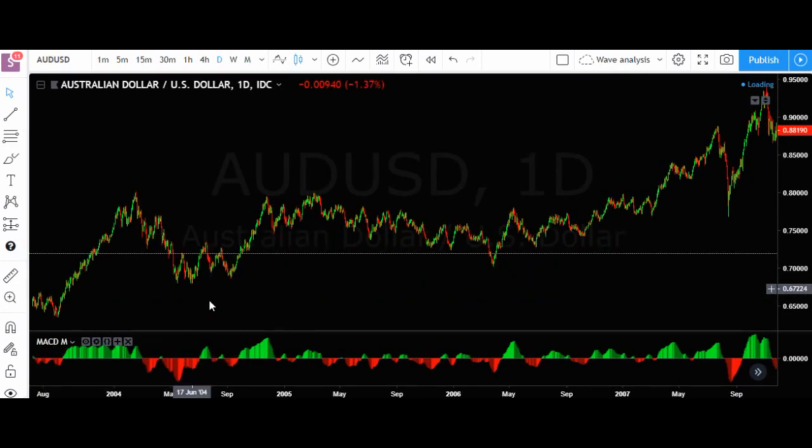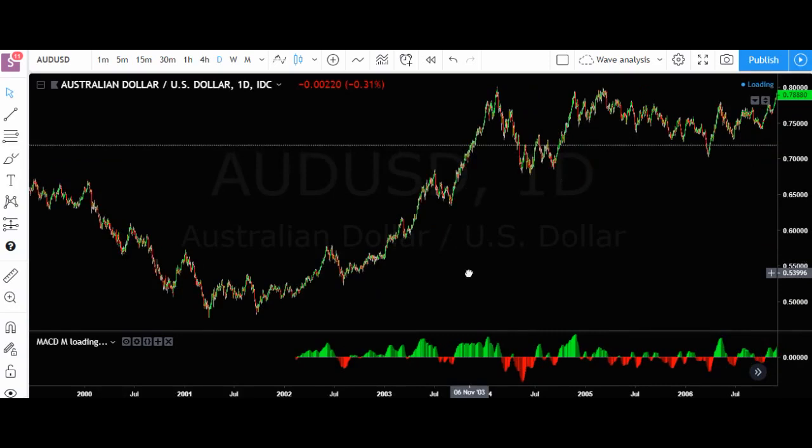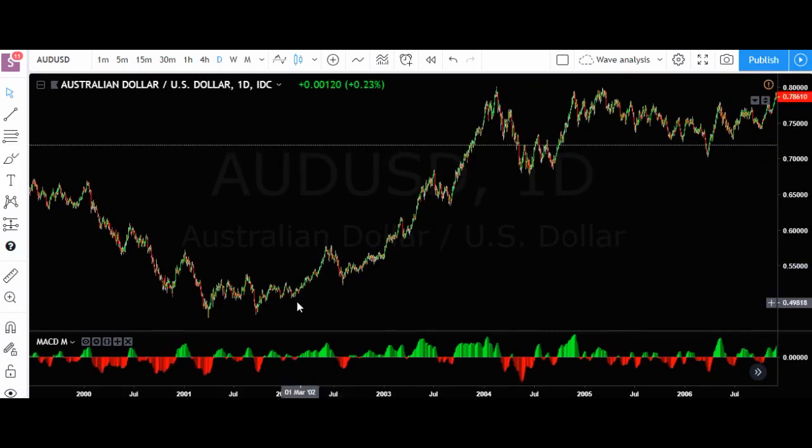Okay, I think let's just get the top or the bottom. This should be enough. Okay. Yep. Let's compress it a little bit more. There we go. So we saw here this whole move up.